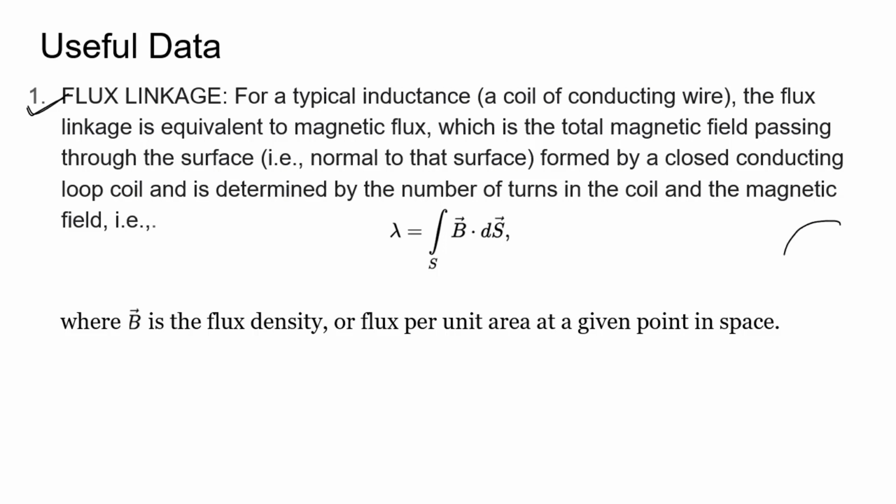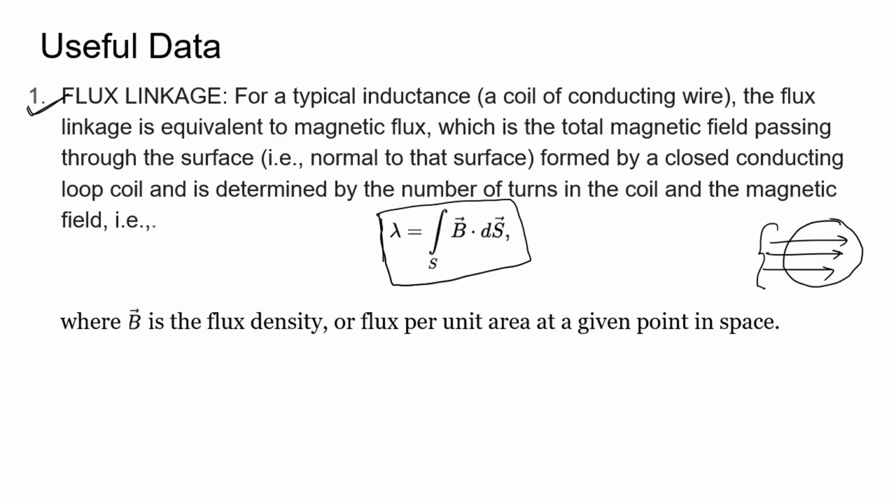Say we have a closed surface and the magnetic field lines are passing through it in this manner. The total number of field lines per unit area is the magnetic flux, and it is given by the formula lambda is equal to the integral of B dot ds.